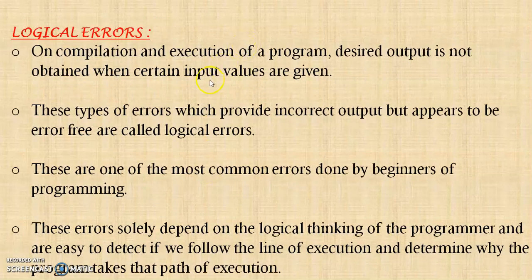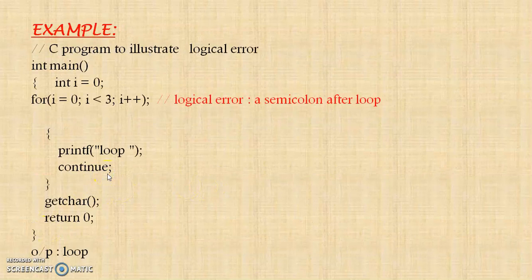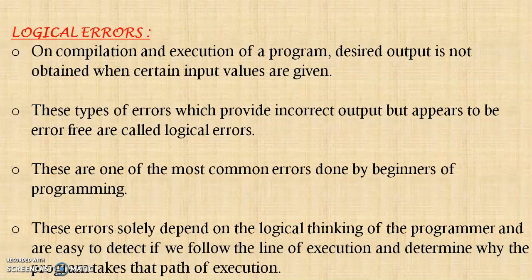Next one, logical errors. Errors which provide incorrect output but appear to be error free are called logical errors. These are among the most common errors made by beginner programmers. Logical errors are made when there is a mistake in the program logic. These errors have to be caught by the programmer.